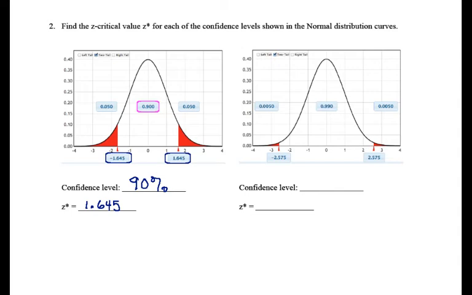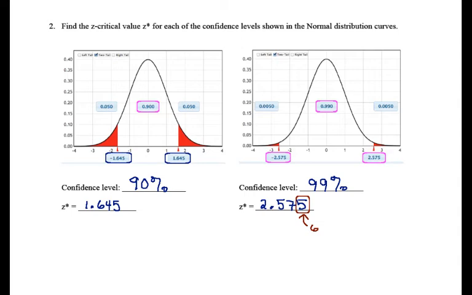Then when we look at 99%, we can see that everything is within 2.575 standard deviations of the mean, and therefore for a 99% confidence level, we would have a z-star critical value of 2.575. Now, just a minor note, you will find the value 2.576 showing up more frequently in tables. For whatever reason, StatKey with its rounding just was giving me 2.575 for this particular question.